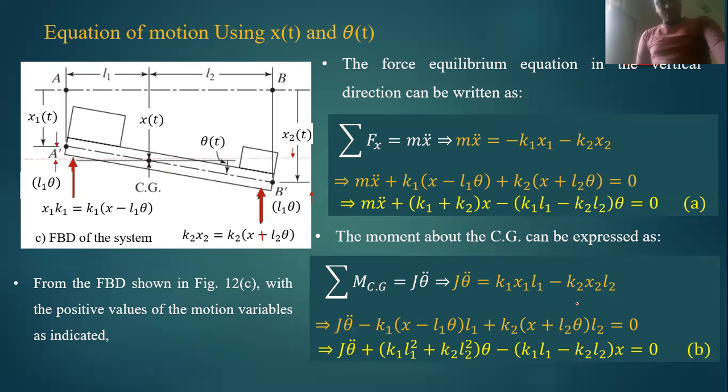So x1 produces counterclockwise rotation and x2 produces clockwise rotation. Considering that, we finally get equation B for the moment.